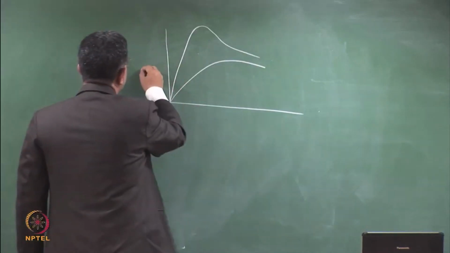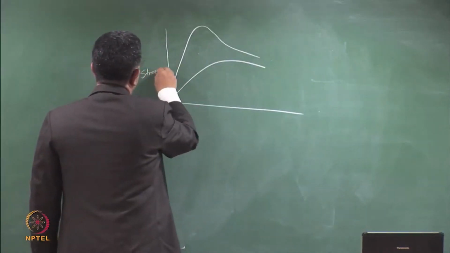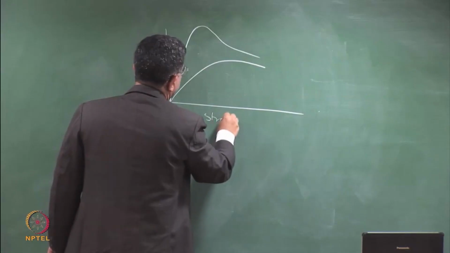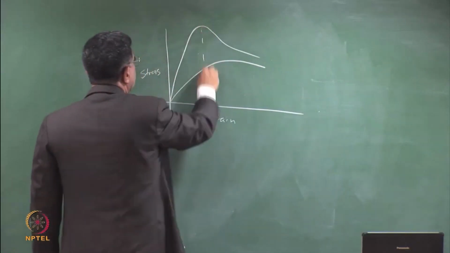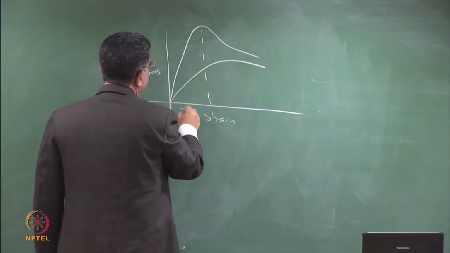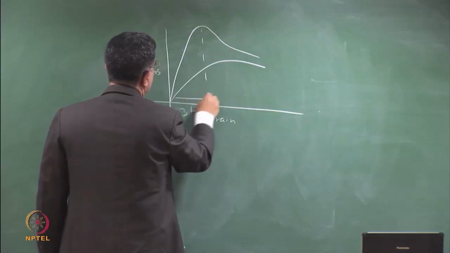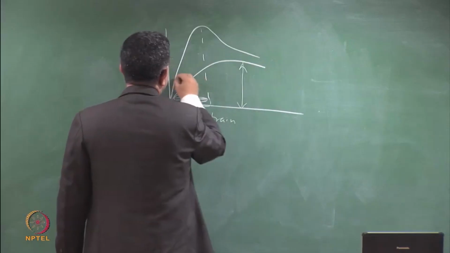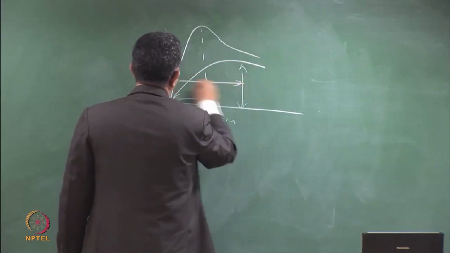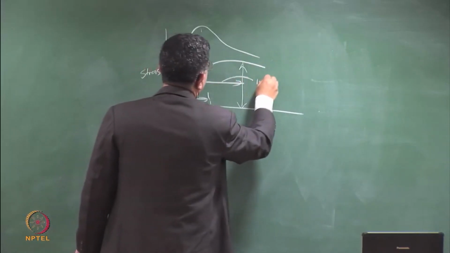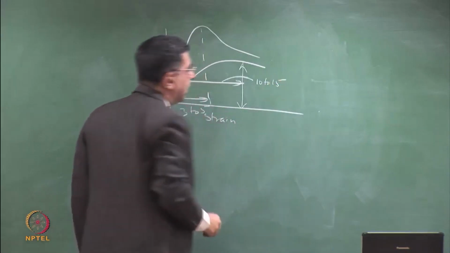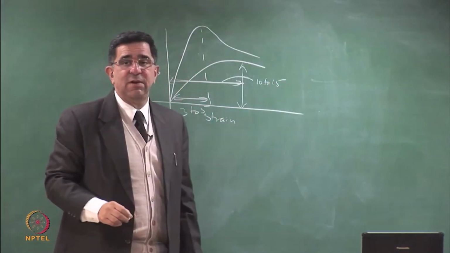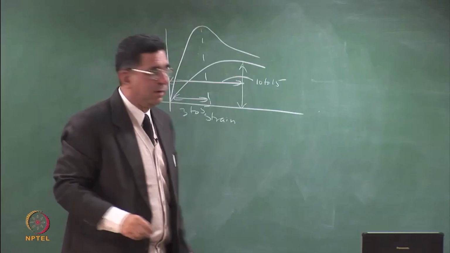So this is stress, this is strain. And we said that in soils, in dense sand or stiff clays, this may be 3 to 5, and this may be 10 to 15. So where is the failure strain for an HDPE geomembrane?